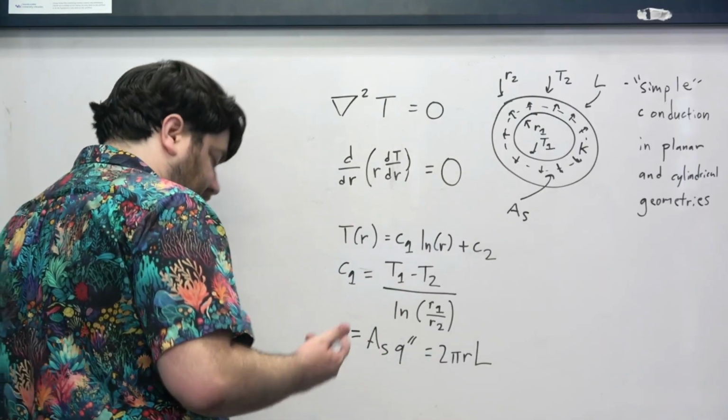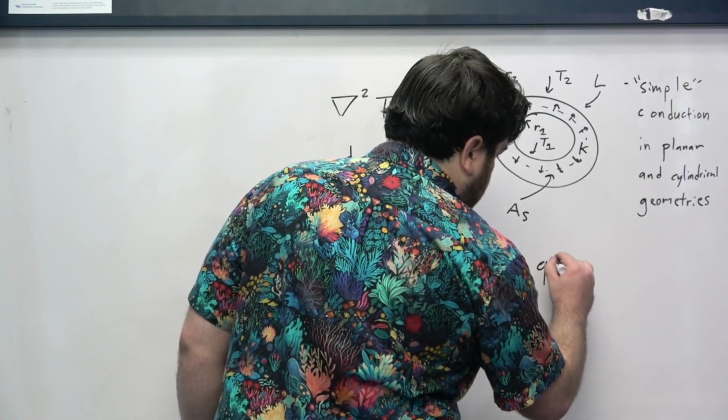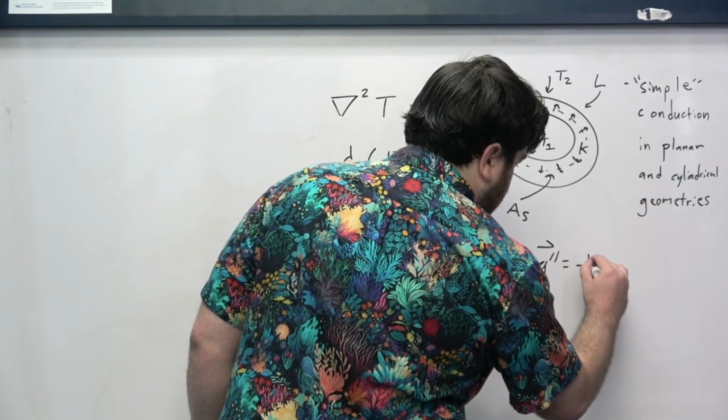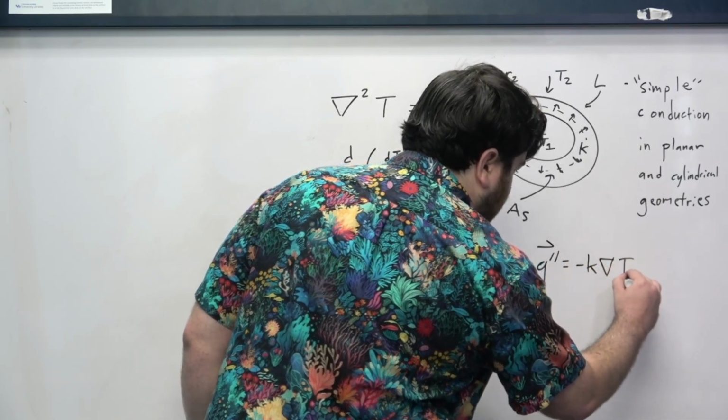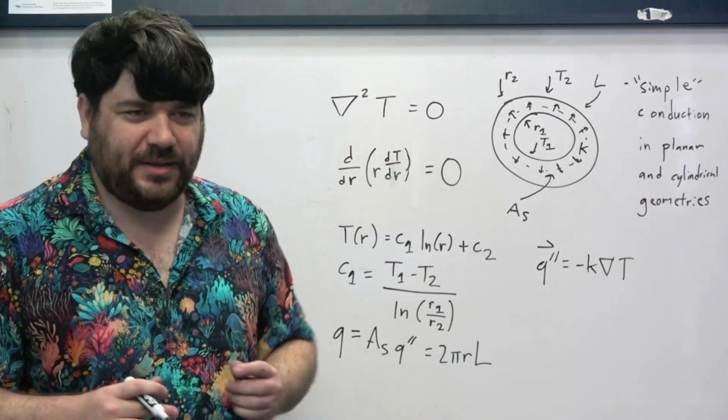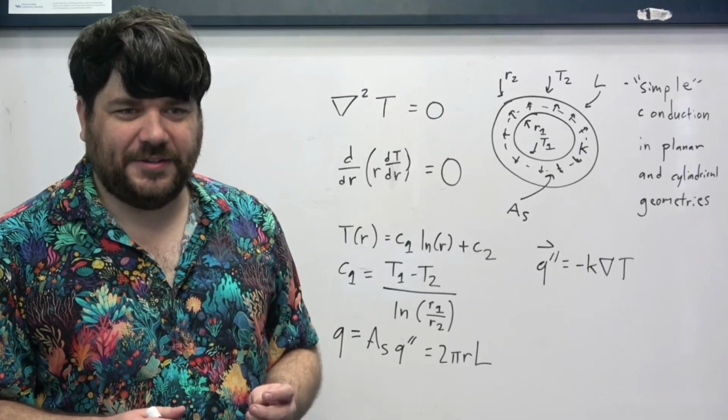We can get it from remembering that the general expression for the heat flux vector is just the thermal conductivity times the thermal gradient, times the negative.